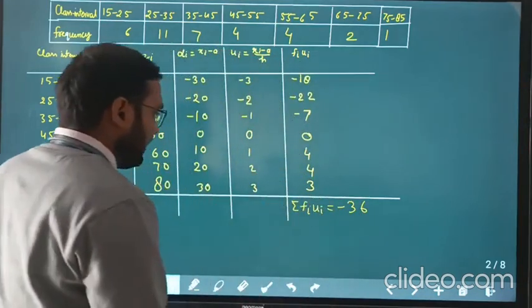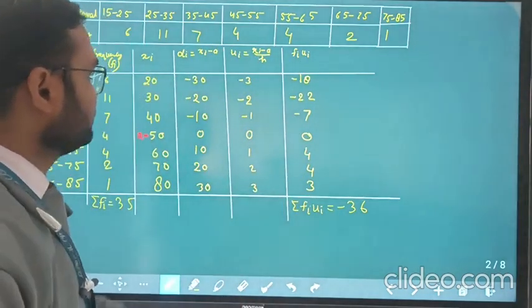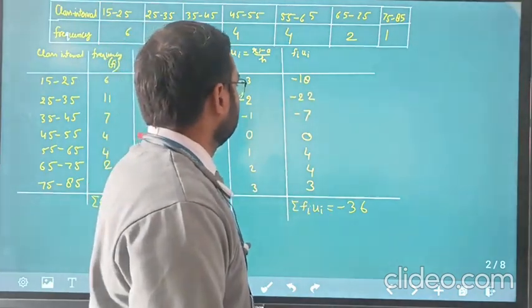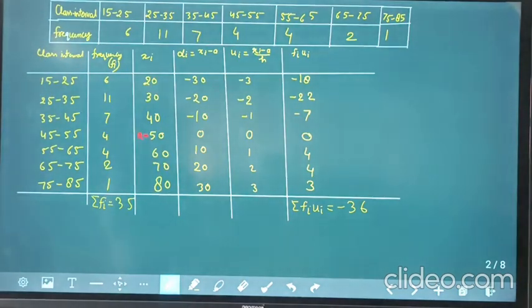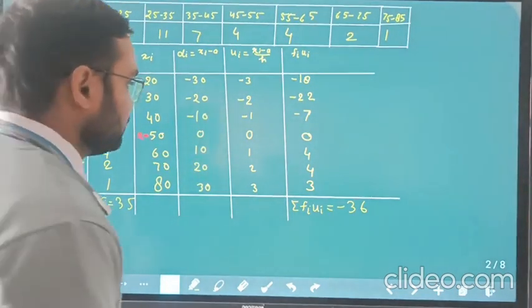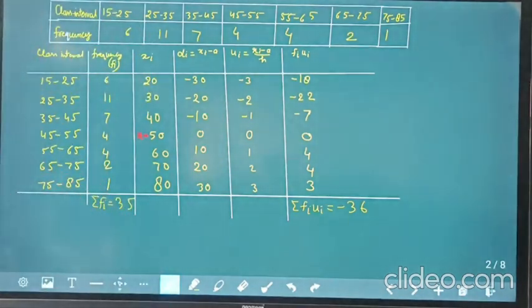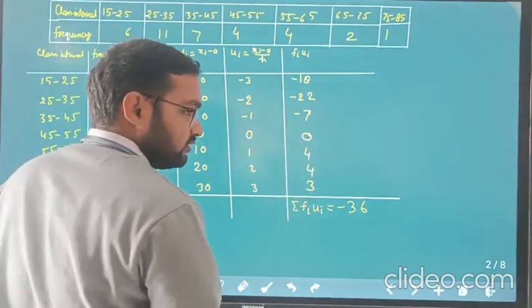The value of sigma Fi Ui is equal to minus 36.